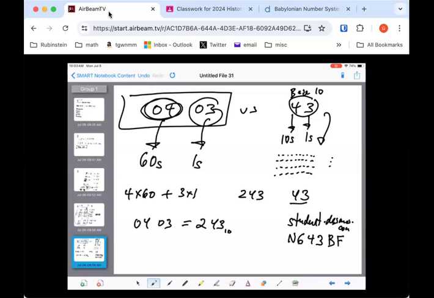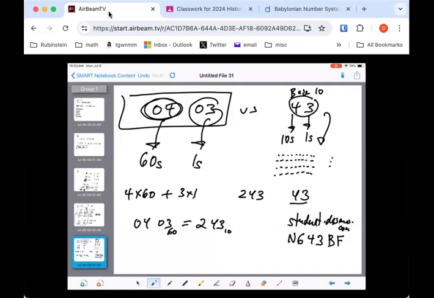Now, it's not necessary to write a little 60 here because it's clear from the fact that there's these groups of 2 digits, 04, 03. But if it helps you, you could write a little 60 down there.